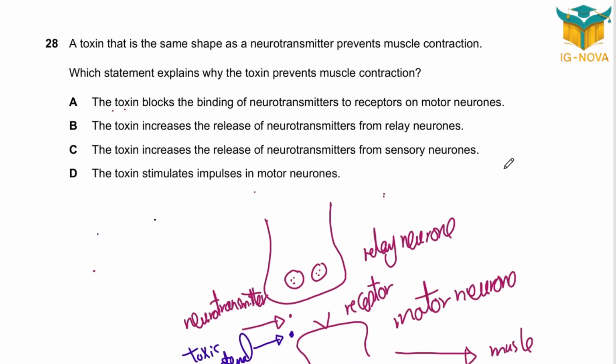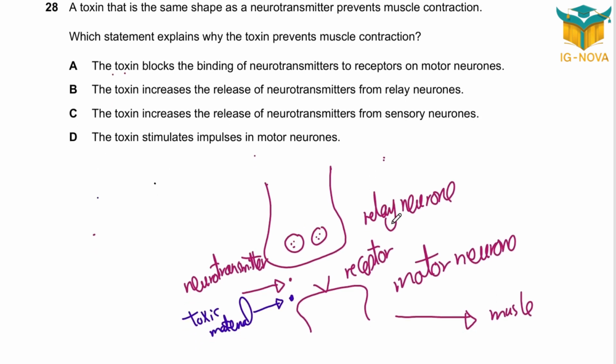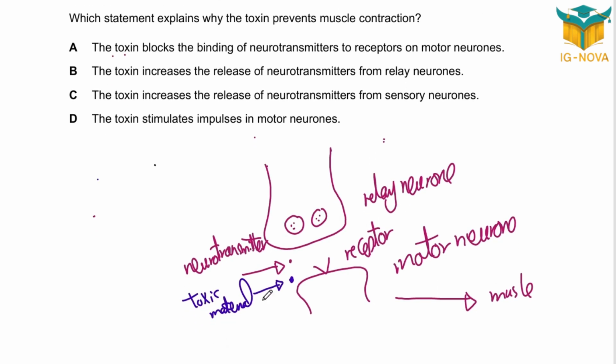Question 28. To work out this question, I just drew a diagram including relay neuron, motor neuron, then muscle. The question is saying if there is a toxic material which can mimic, has the same structure as the neurotransmitter, what is the major reason for the blockage or prevention of muscle contraction? Let me take trial and error. I prefer trial and error from D to A. The toxin stimulates, wrong.